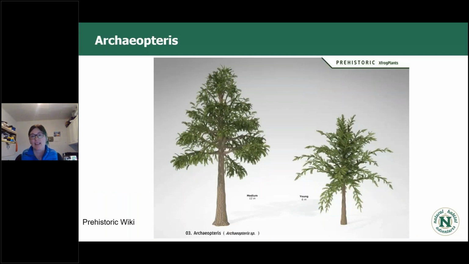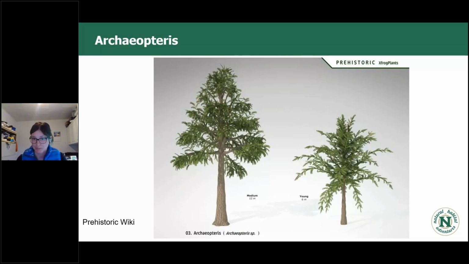And here is an example of what we call our first true tree, because it was from a progymnosperm with fern-like leaves. This is Archaeopteris. You might know the word Archaeopteryx. It's one of the fossils that's well known because it's an intermediate form between birds and dinosaurs.